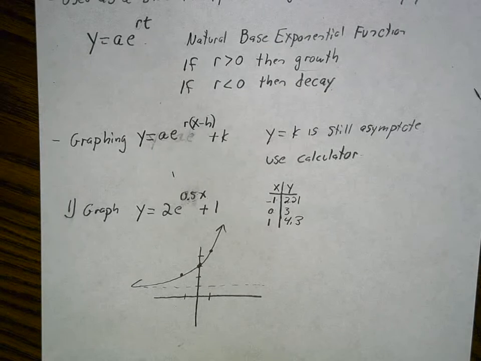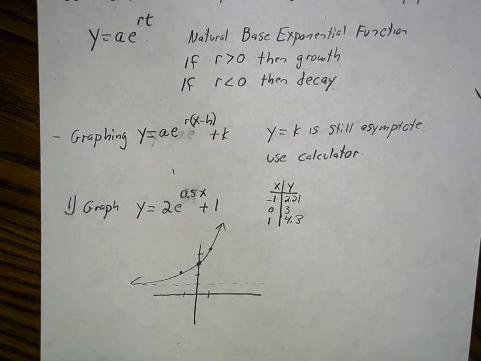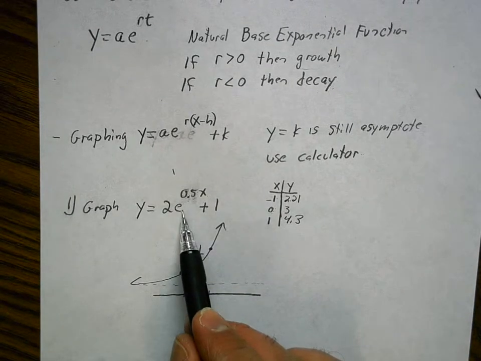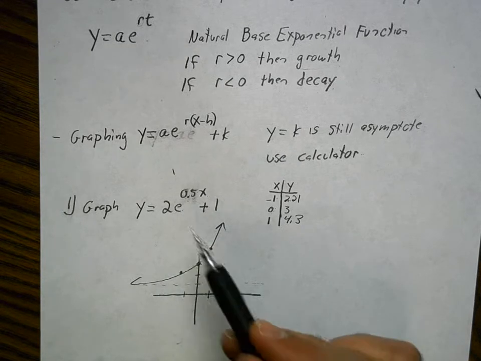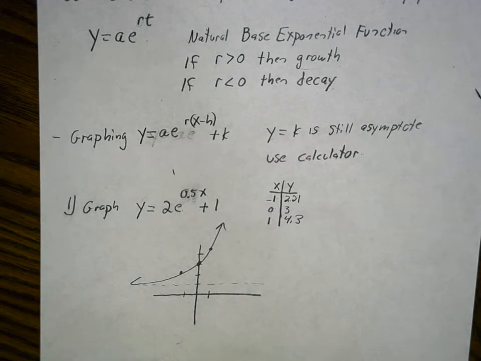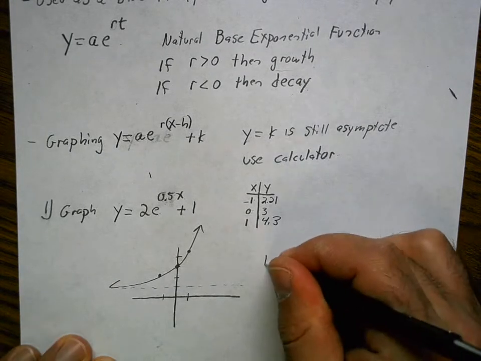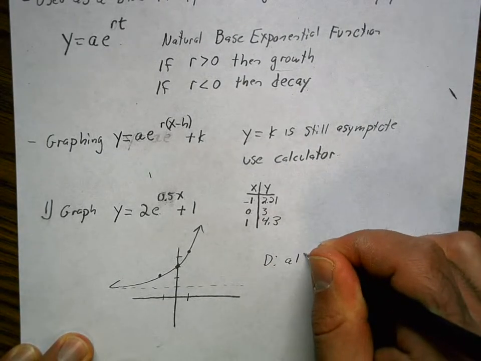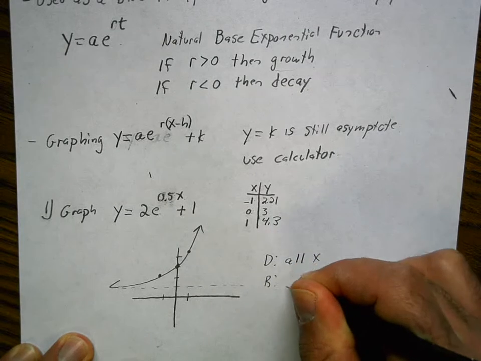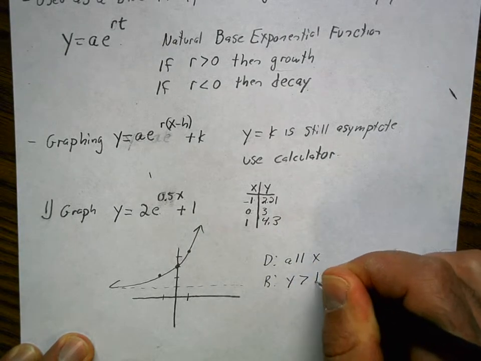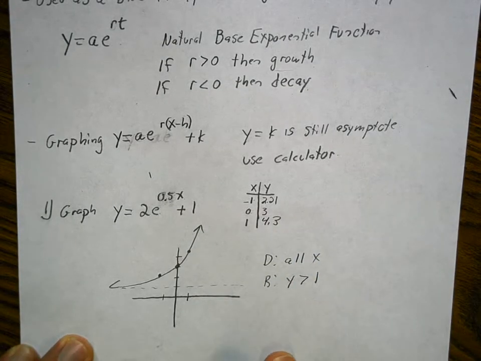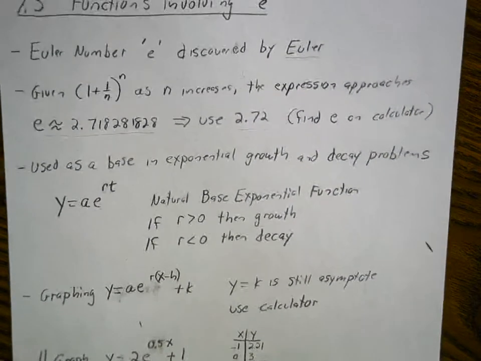So we graph it the same way. The only problem is the base is inconvenient, so we use our graphing calculator to help us out there. Okay. Domain and range. Domain, all x again. Range, y is greater than 1. That's my asymptote there.